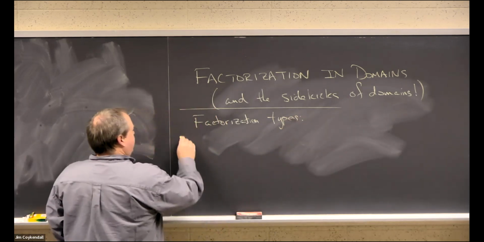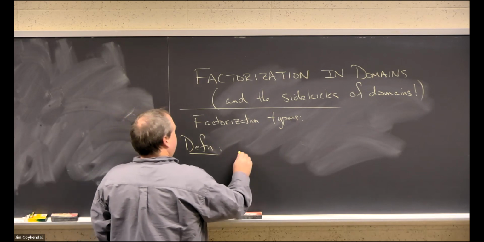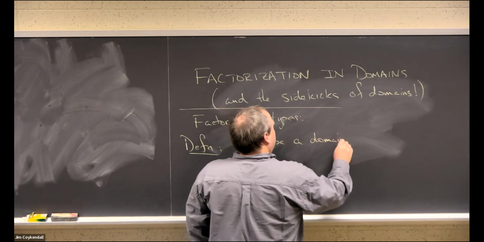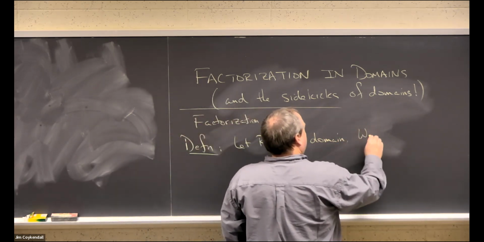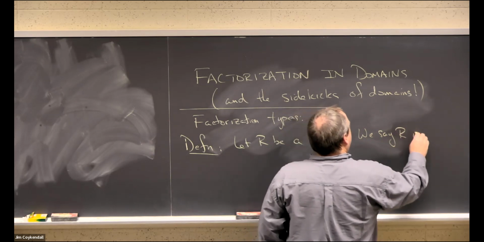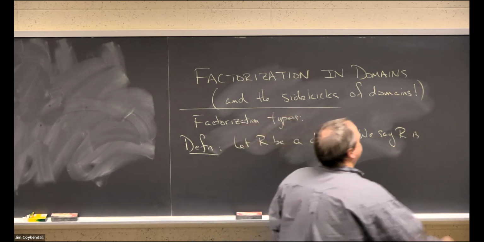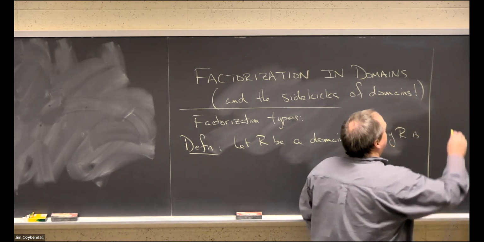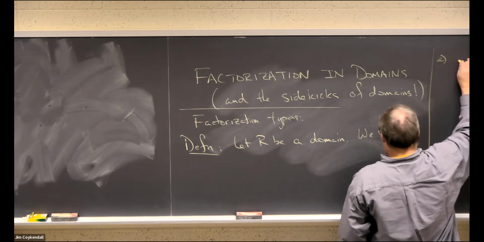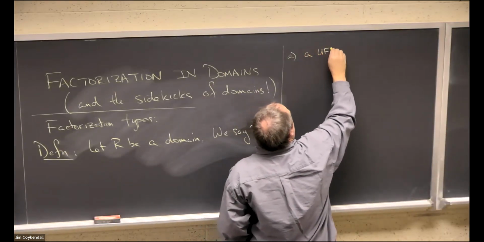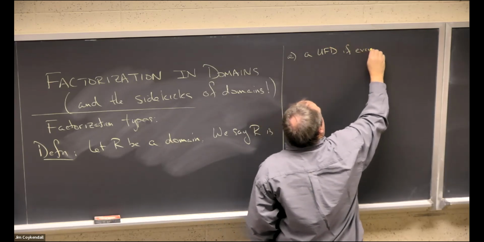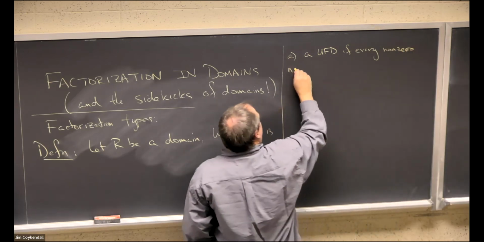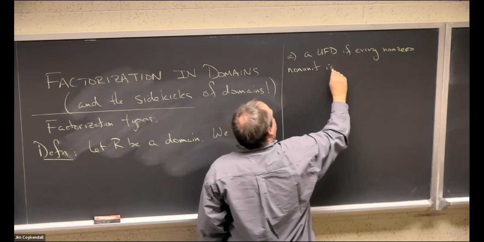So let me define the types of domains. Let R be a domain. We say R is a UFD if every non-zero non-unit is a product of primes.